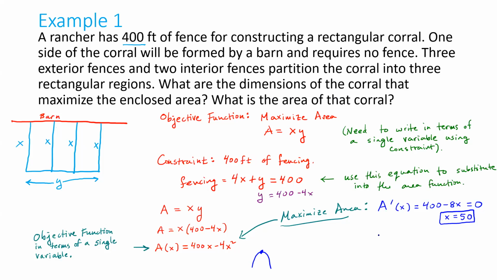So we also get the y dimension here by plugging back into our y equation. 400 minus 4 times 50, so I think that leaves me with 200.